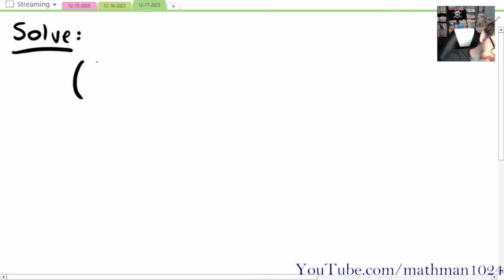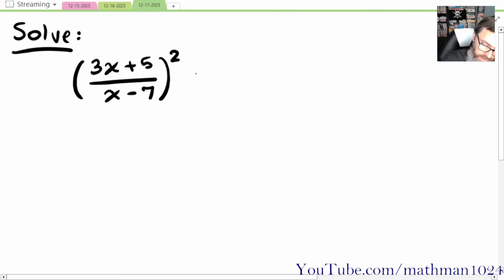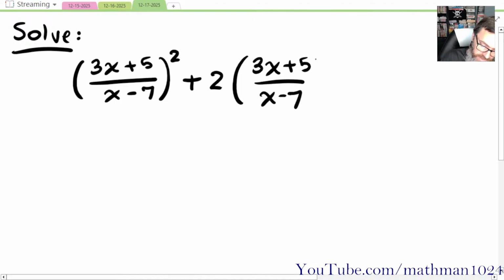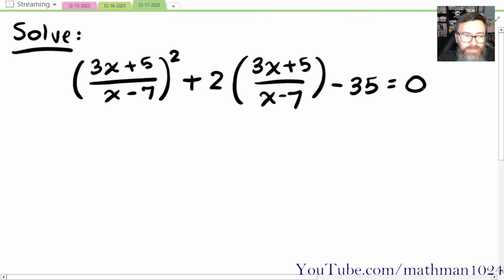For example, if I say (3x plus 5 over x minus 7) squared plus 2 times (3x plus 5 over x minus 7) minus 35 equals 0, I want to solve this.